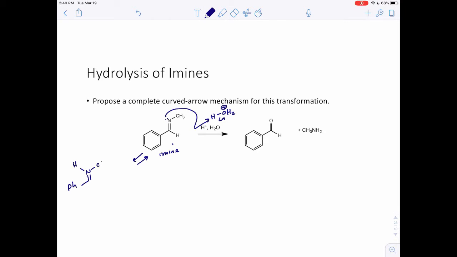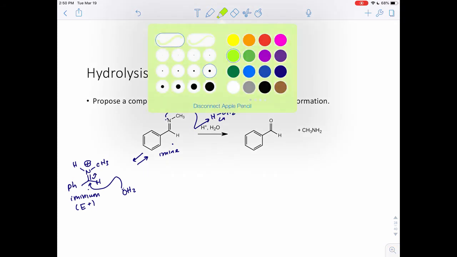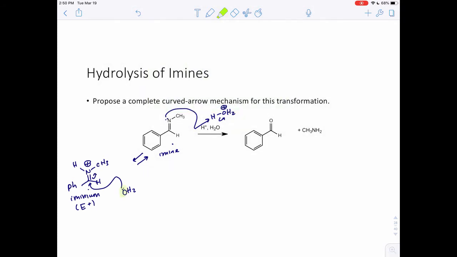Iminium ions are quite strong electrophiles, just like oxocarbenium ions are strong electrophiles. So water is going to attack it. It's going to act as a nucleophile. How do I know? Well, I just rationalized it for you, but if we lose track of that, just understand that's where the oxygen is coming from in the aldehyde. It's coming from water.